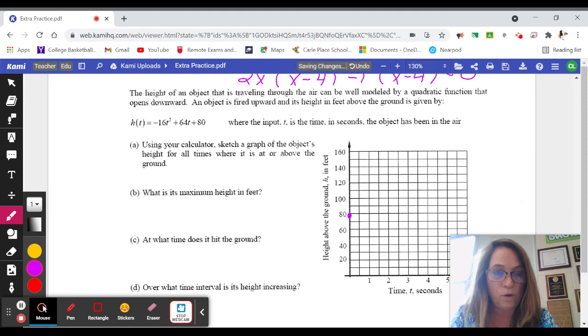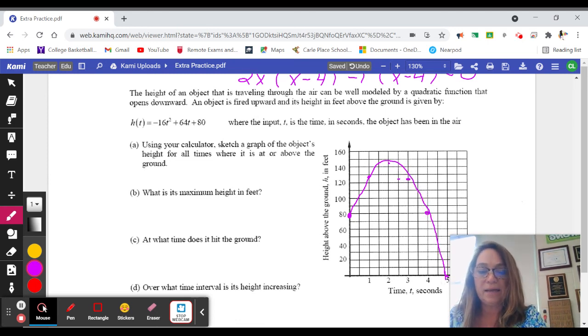I have 1, 128 around here. I have 2, 144, and then back down. Oops, that one should be here. And then 4 is back to 80, and then 5 is 0. So it's going to look like this.